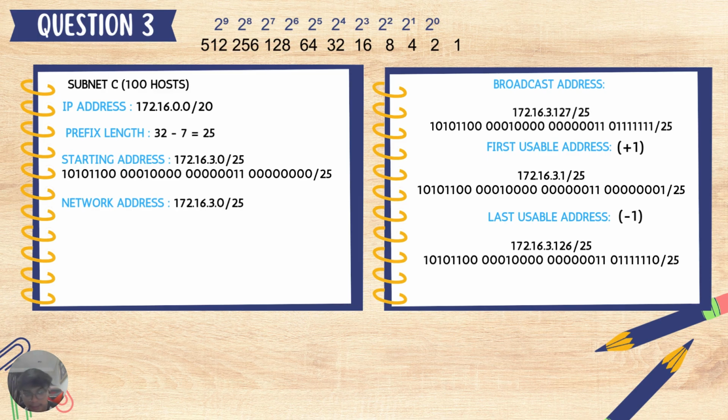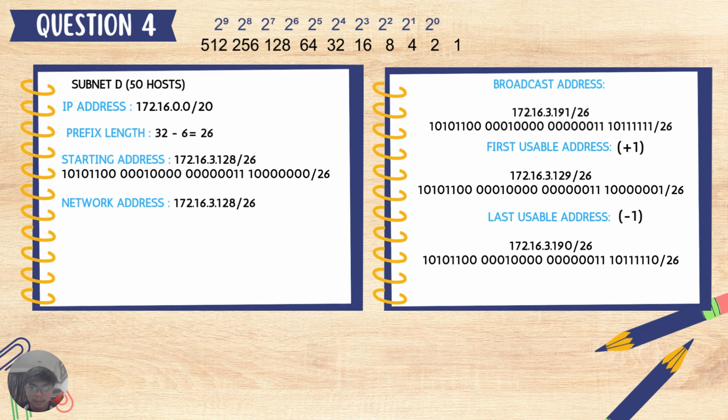Next is the first usable address. As we know, we need to add 1, which gives 172.16.3.1/25. Next we need to subtract 1, which gives 172.16.3.126. We got 126 because we subtract 1 from 127.